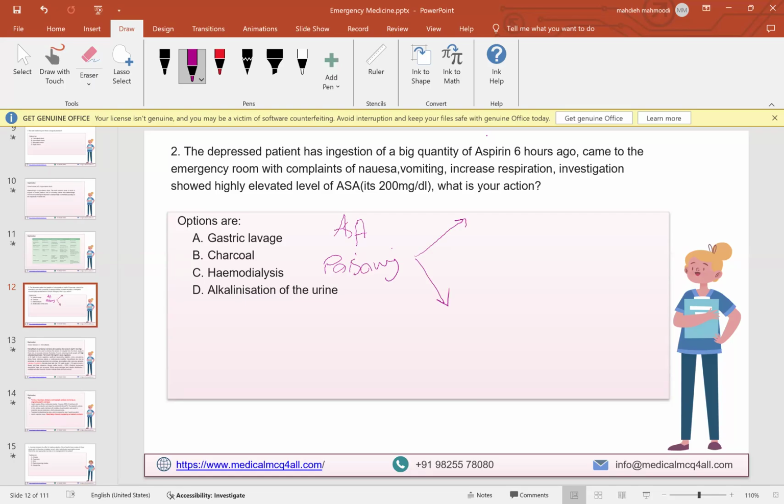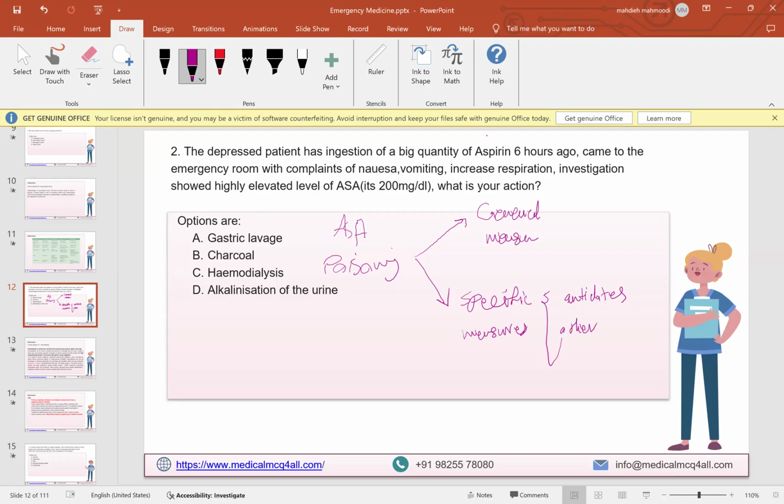You have the general measures and you have the specific measures. The specific measures are antidotes and other ways specific for specific poisons. Example, in aspirin poisoning, you have urinary alkalization or hemodialysis.